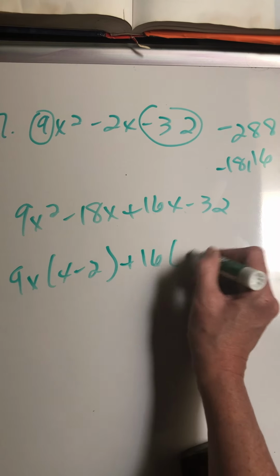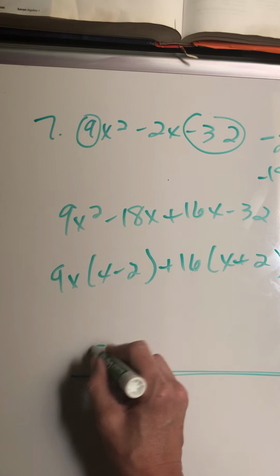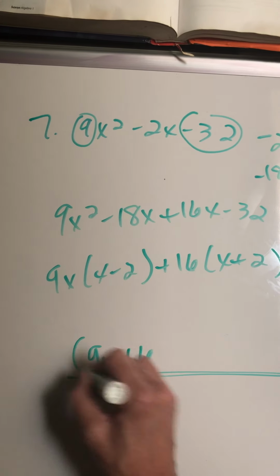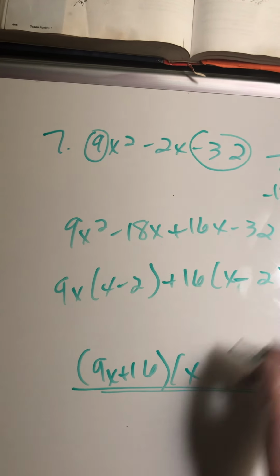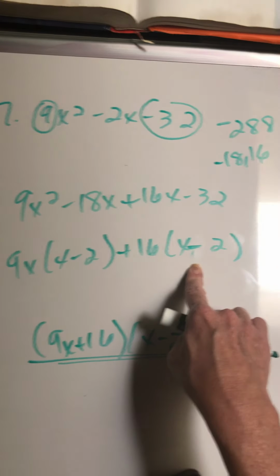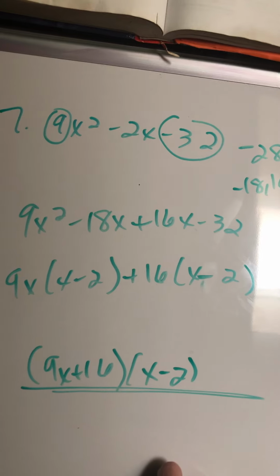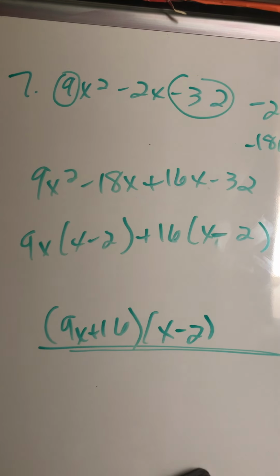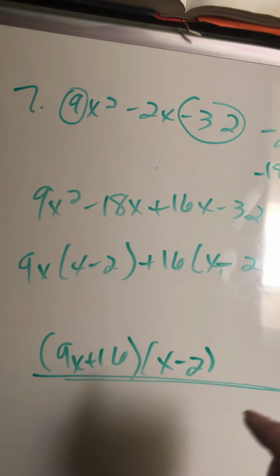Take a 16 out here, that's x minus 2. And you need to finish it from there. Well, I'll just finish it. It's 9x plus 16, x minus 2. That should have been an x minus 2. Okay, then there was another few I wanted to look at.